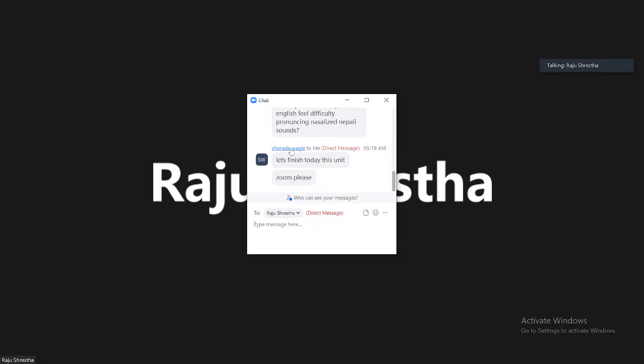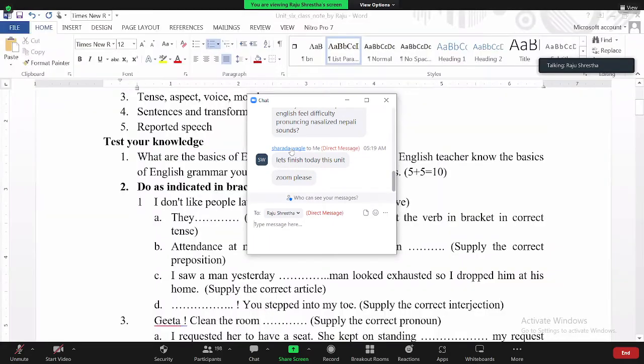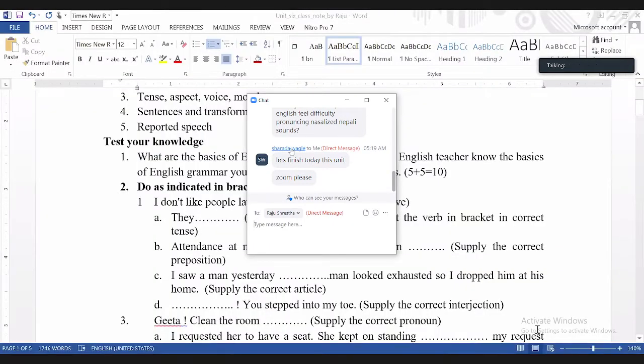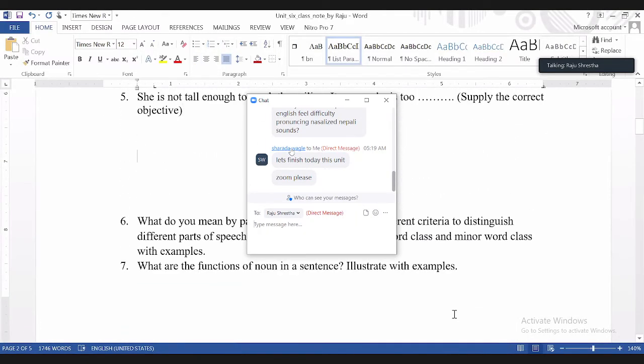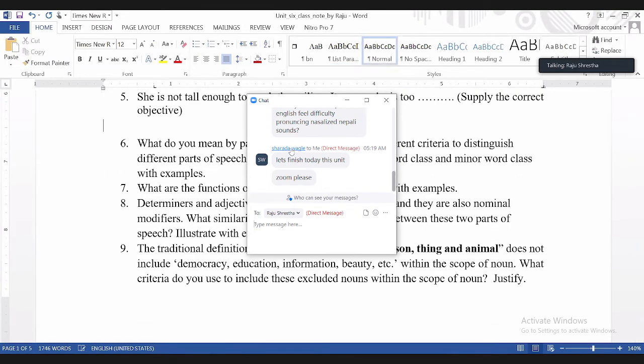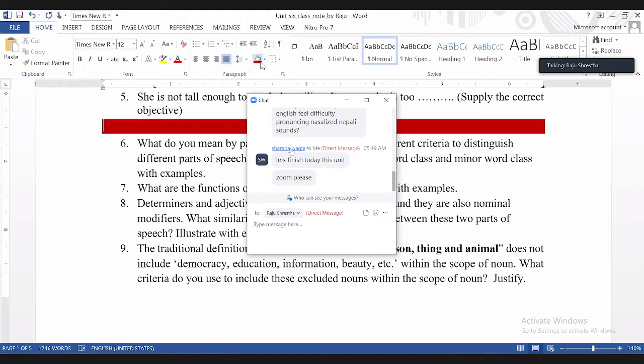Now let us go this way. And yeah, what do you mean by parts of speech? What are the different criteria to distinguish different parts of speech?